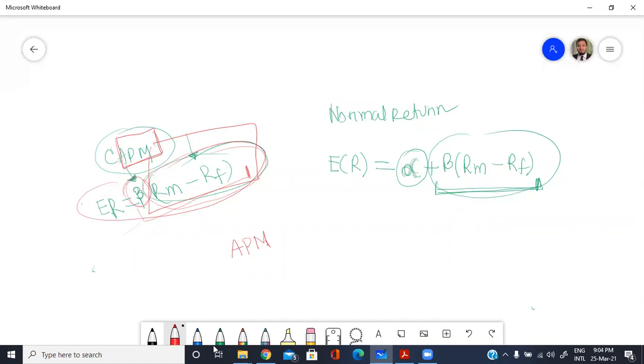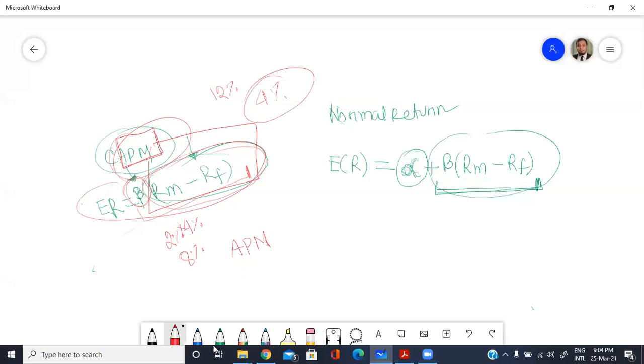Say market return is 4%, and for a particular stock, beta is 2. How much expected return is normal? 8% return is normal. But if someone receives 12% return, how much return is abnormal? 4% is abnormal return, sir. 4% is abnormal, for what reason? Because the additional 4% return cannot be explained by this asset pricing model.